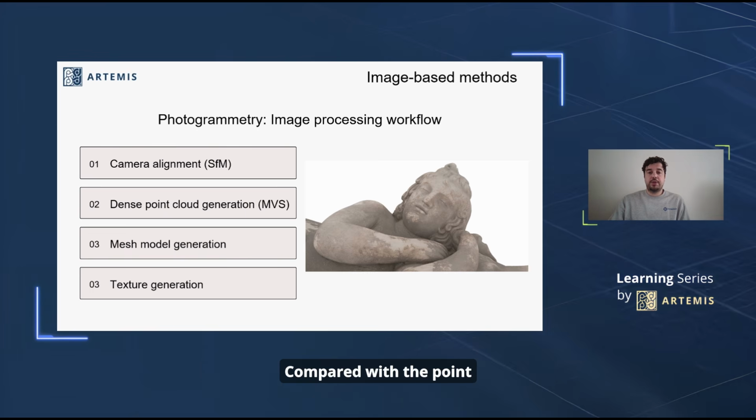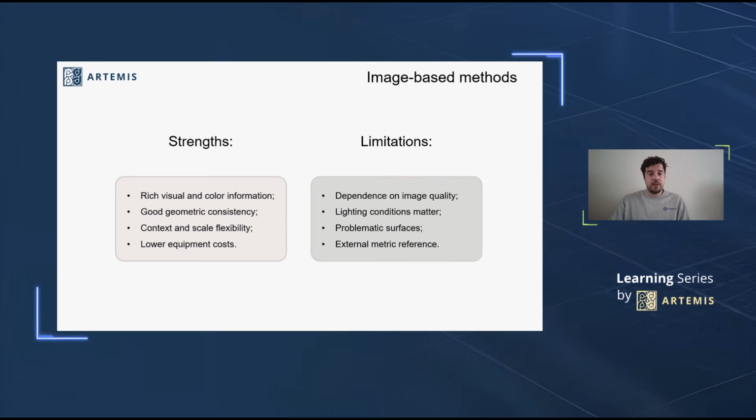Compared with the point cloud alone, the textured mesh offers a more continuous and visually readable representation of the object. This result is particularly useful for communication, enhancement, the reading of surface detail, and some forms of qualitative analysis. The great advantage of image-based methods is the richness of visual and color information.